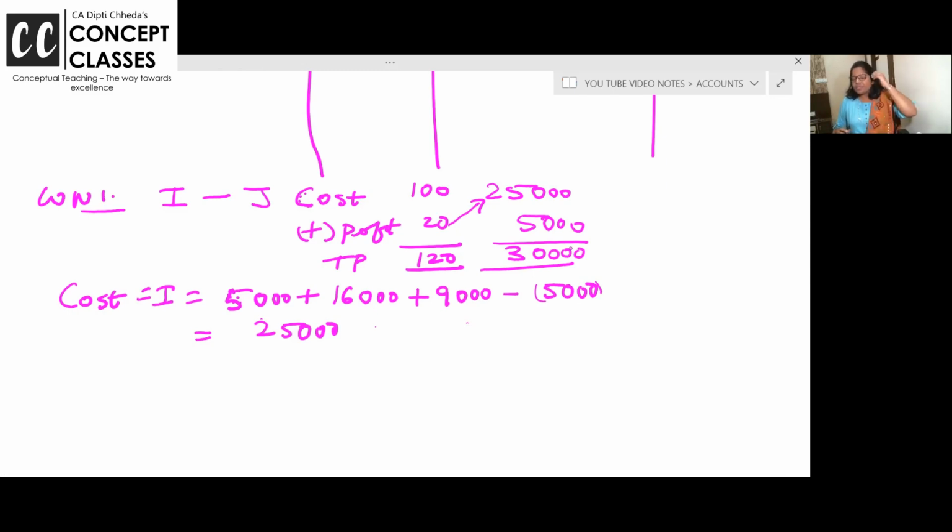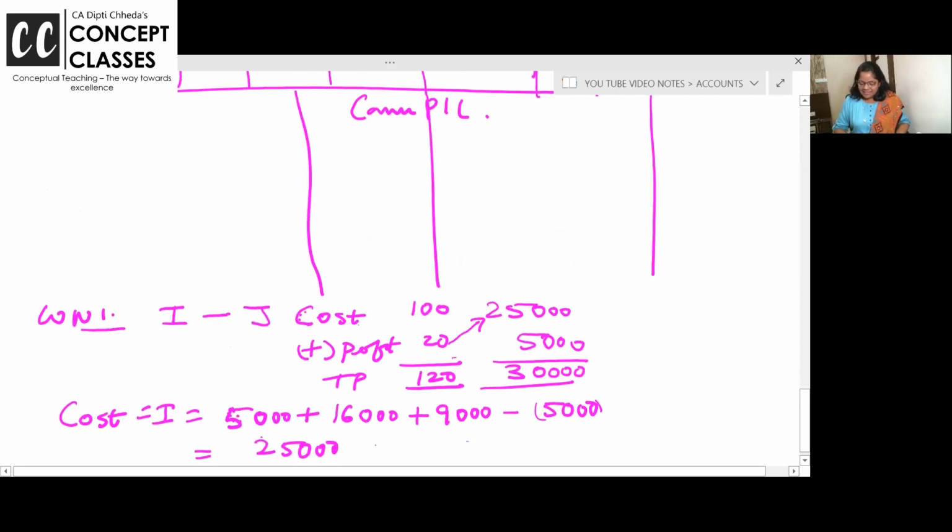But if you do two similar problems, and this same problem, within 24 hours, you will surely understand it. I has consumed 25,000 raw material, 20% profit they have added and transferred 30,000. Finished writing this working, come back.